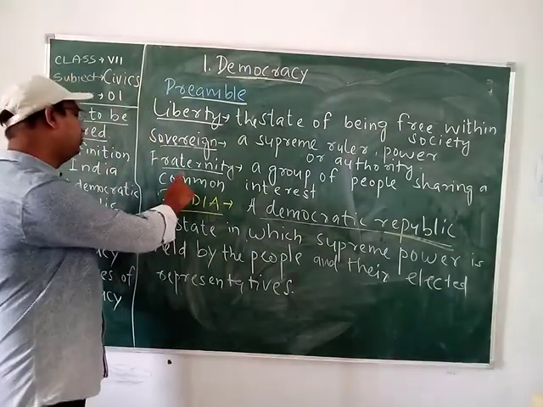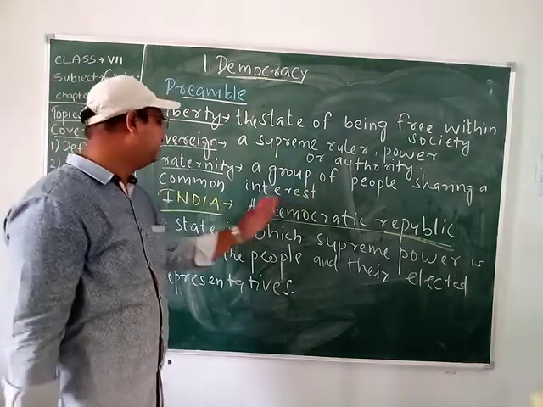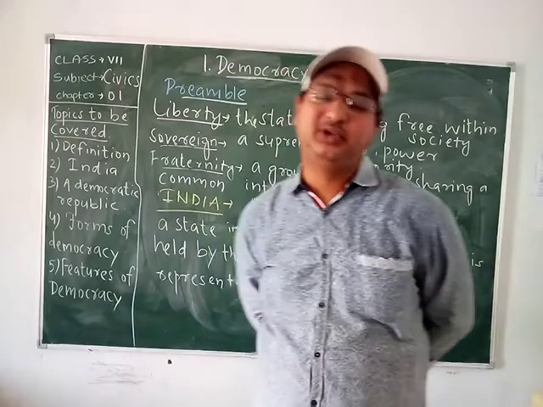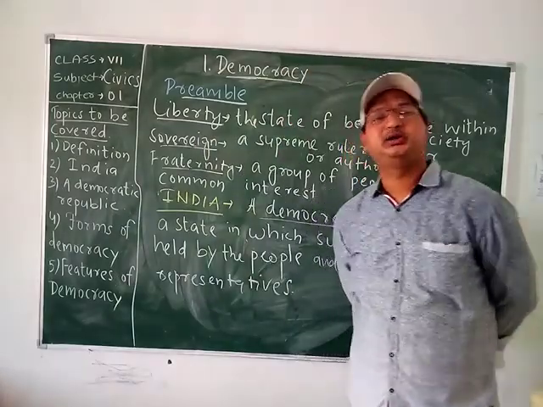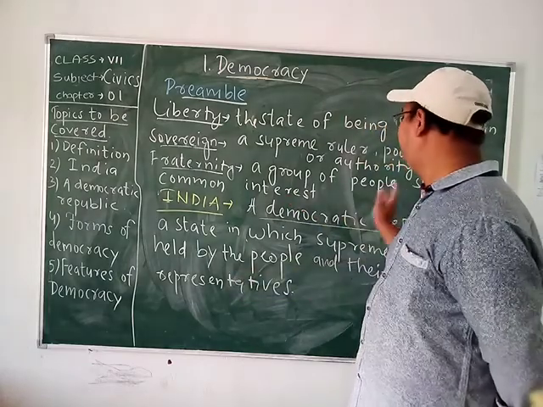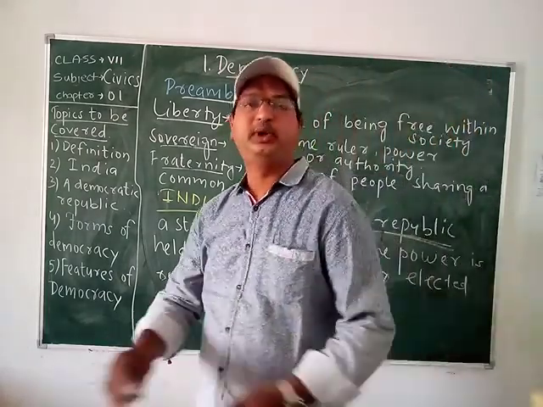Next, there is a word called fraternity. What do you mean by fraternity? A group of people sharing a common interest, like people working in the same place or organization, sharing the same fraternity. A group of people sharing a common interest, that is the people of our country, that is called fraternity.